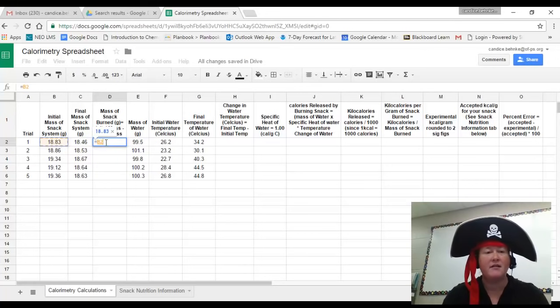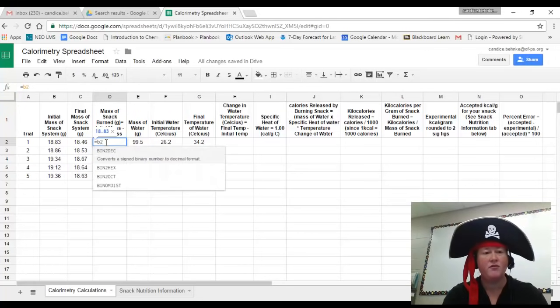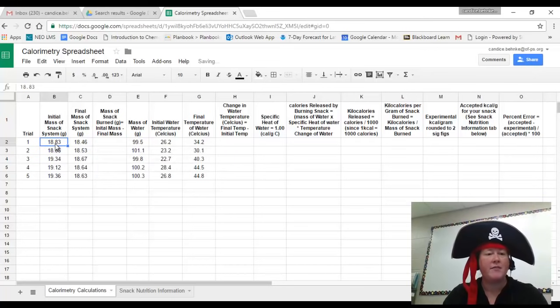I can either type B2 or I can click B2. Or I can click the B2. And I want to subtract, so I'm going to put a subtraction sign in there, and I want to subtract C2. And I hit enter.